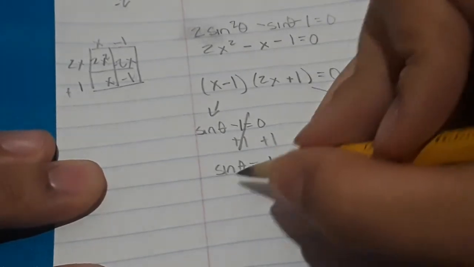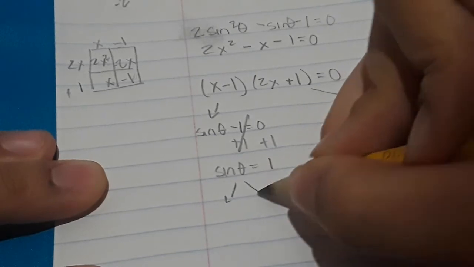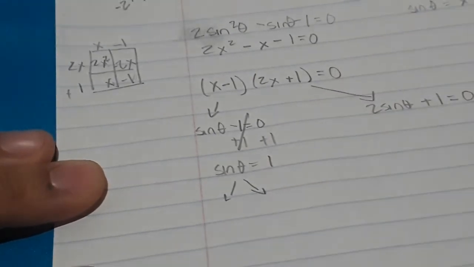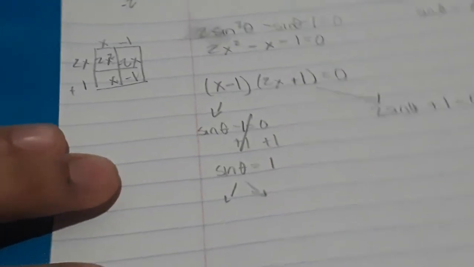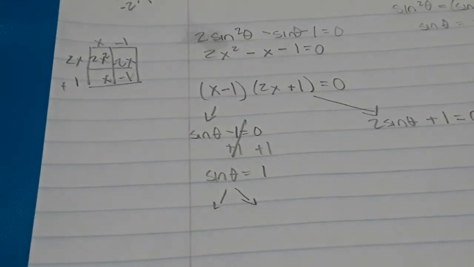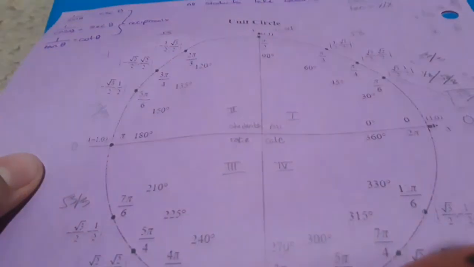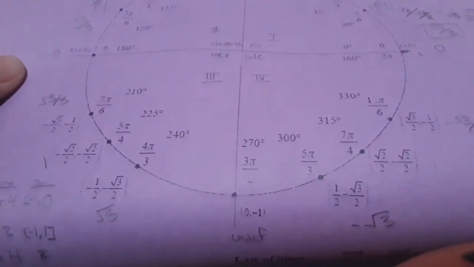Then we'll look at that on our unit circle, where sine is always going to be your y values. So if we look at the unit circle here, let me zoom that out. We've got sine theta equals 1.